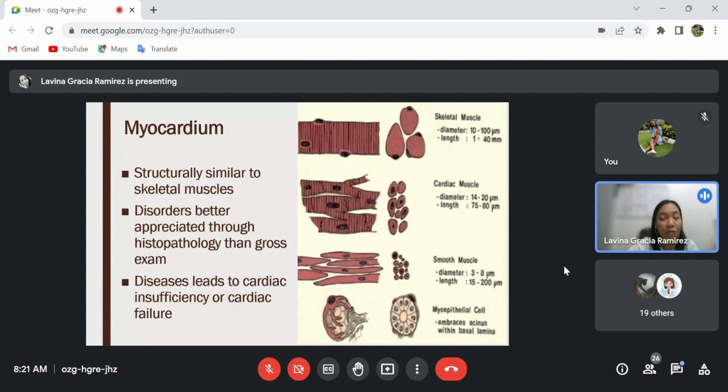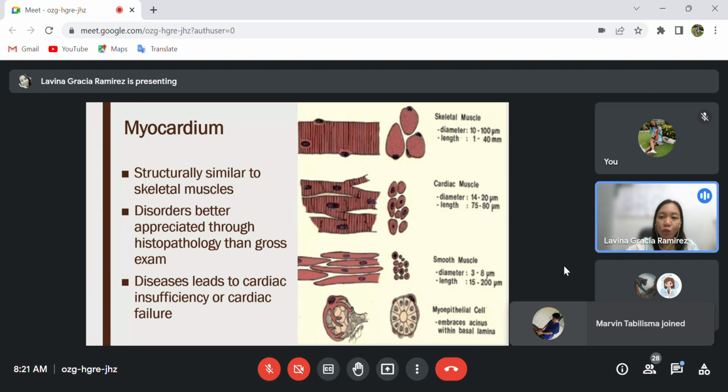So anything that affects the normal circulatory system of the blood, and of course the heart itself, nagkakaproblema tayo in terms of the normal circulation. Pressure and volume can be affected, and that may also lead to more severe conditions in the other systems of the body.